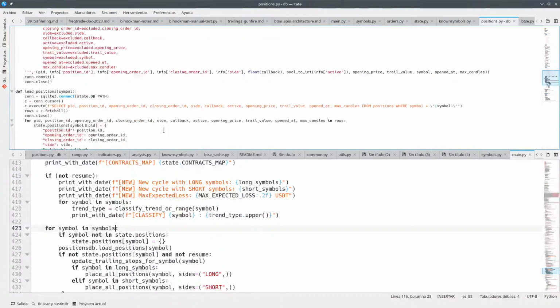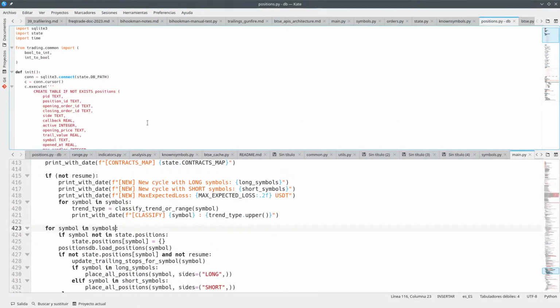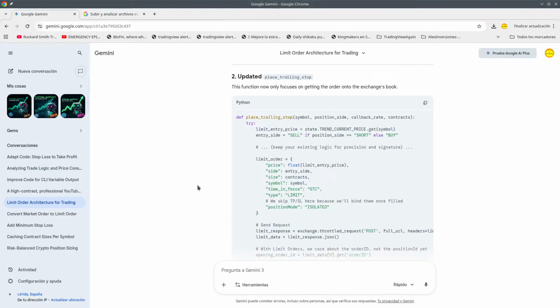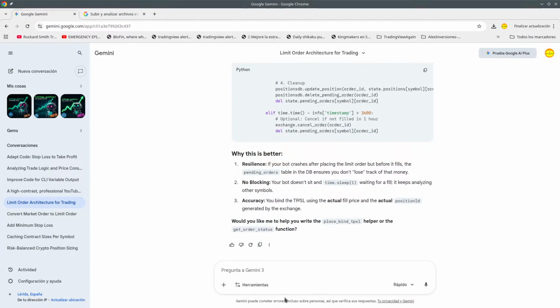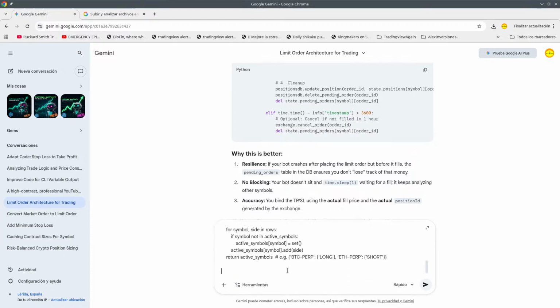Okay, so this is, I don't remember the name. Return active symbols, active positions.